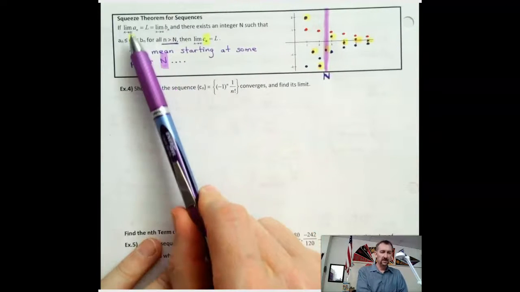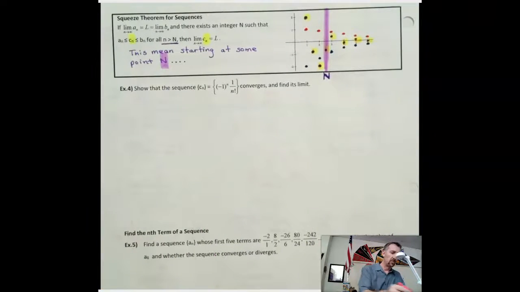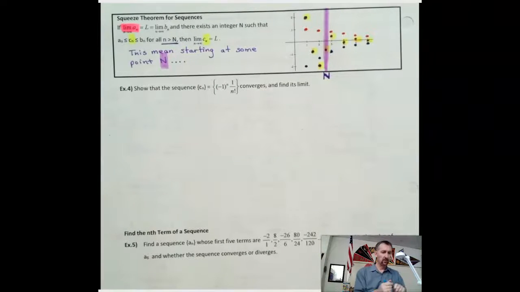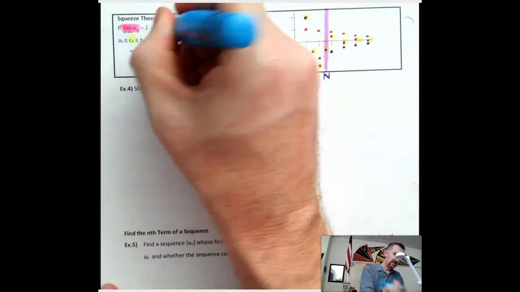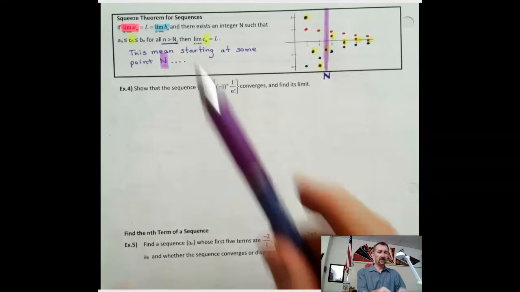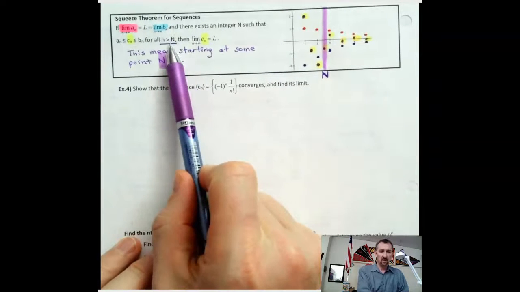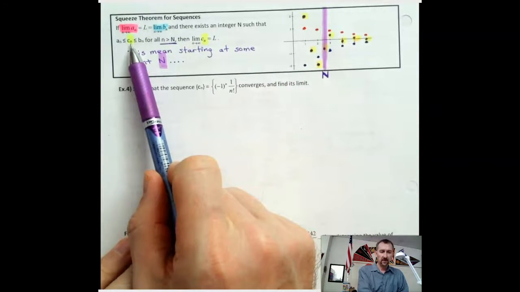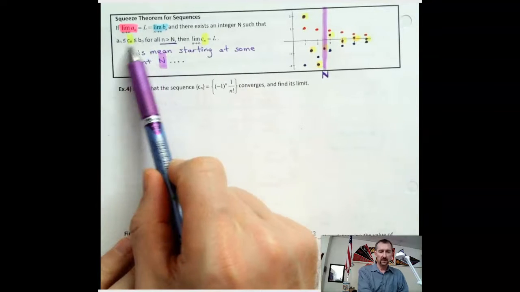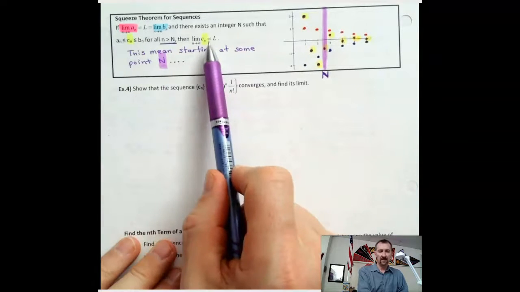But it says if we have a limit of one sequence, so I'll say that could be the red points there, and the limit of the blue points, if they both have the same limit, and starting at some point along the way, all of the points of this new sequence are in between the points of the other two, then that limit must be the same.